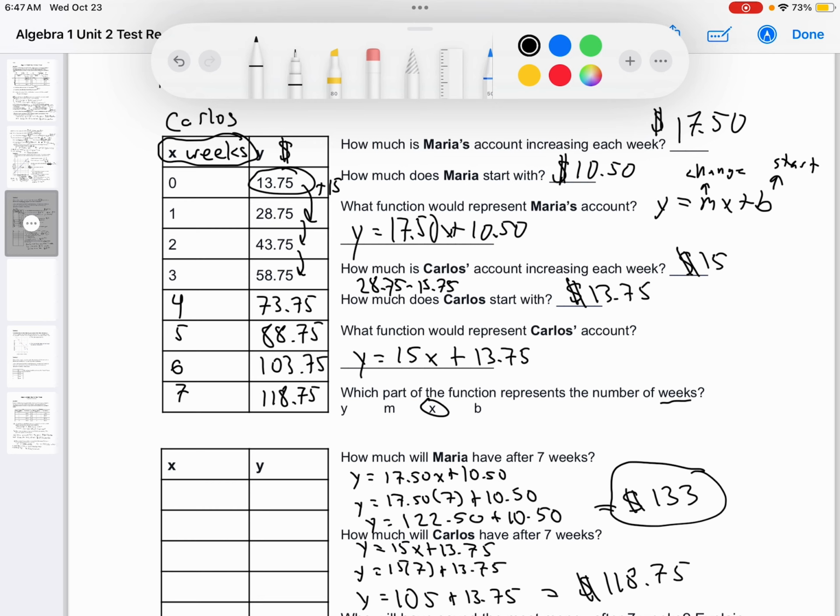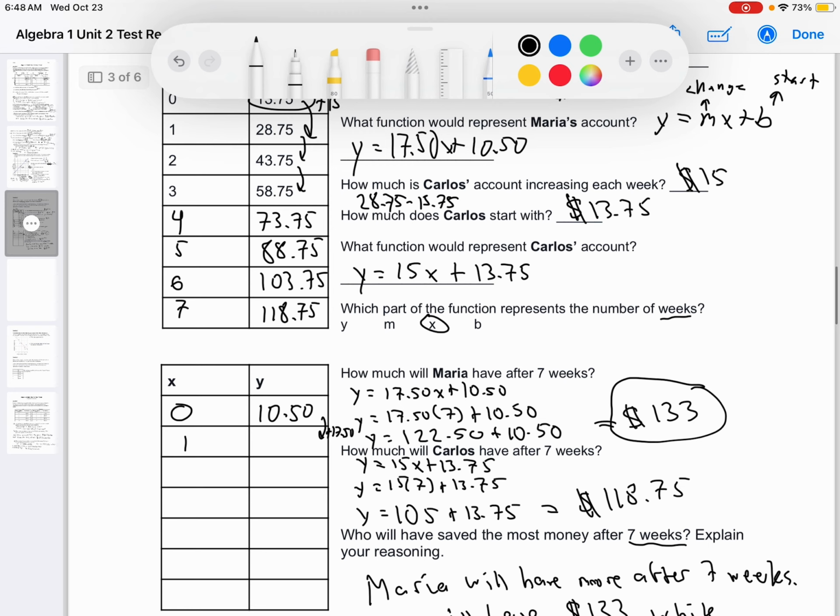Then we can do the same thing with Maria, except with Maria, we don't have the table started for us. We will need to start the table ourselves. So after 0 weeks, we need to put in what she started with. That was $10.50. She started with $10.50, so that is what she has after 0 weeks. Then she puts in $17.50 each week, so every week this amount should be added by $17.50.